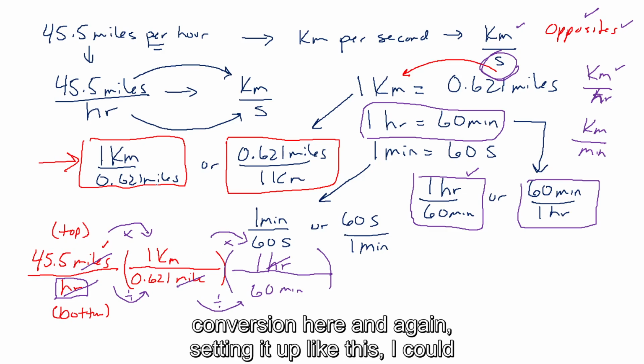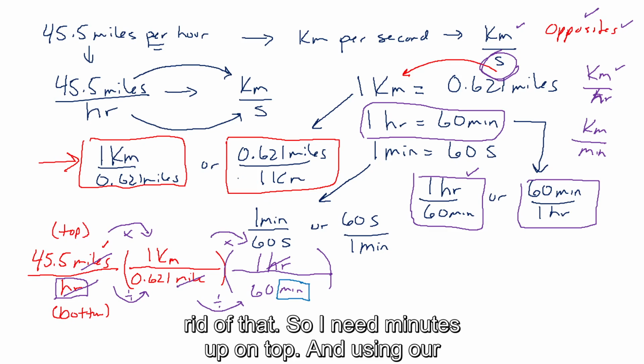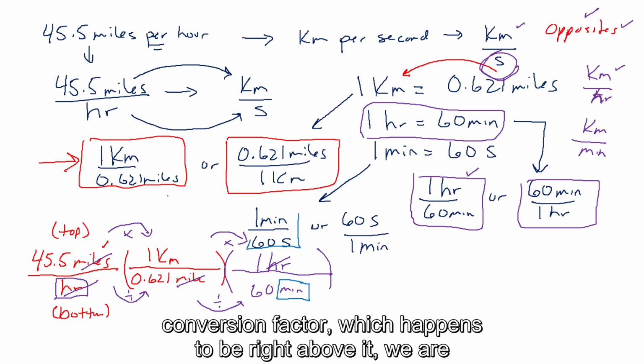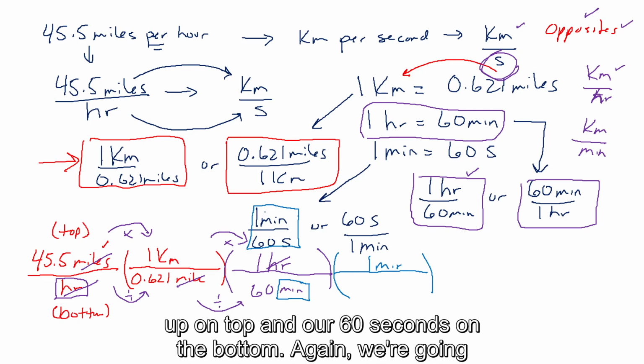And again, setting it up like this, I could clearly see my minutes are on the bottom and I want to get rid of that. So I need minutes up on top, and using our conversion factor, which happens to be right above it, we are going to use the guy there on the left and put our 1 minute up on top and our 60 seconds on the bottom.